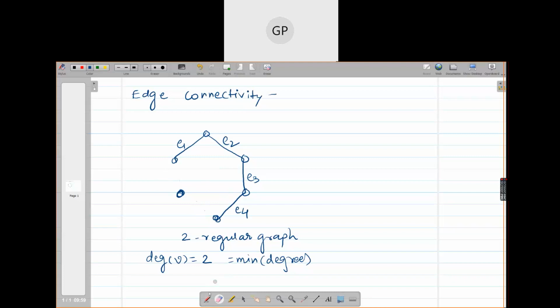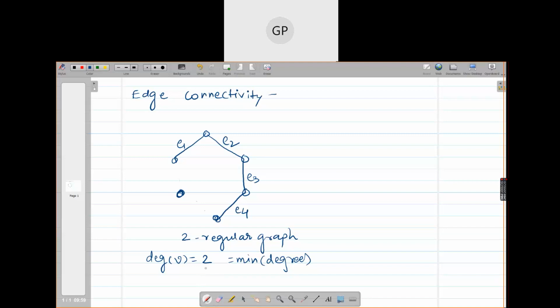The number of components is increased. The graph becomes disconnected, and therefore I cannot call this a bridge, because a bridge is a single edge. Here I am deleting two edges at a time. So you have to find the minimum number of edges whose removal leaves a disconnected graph.